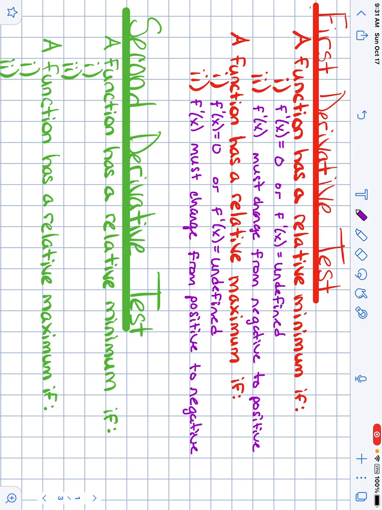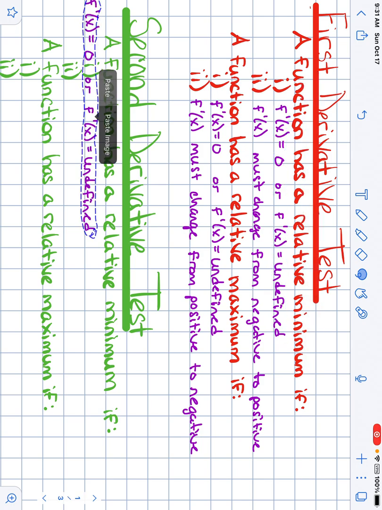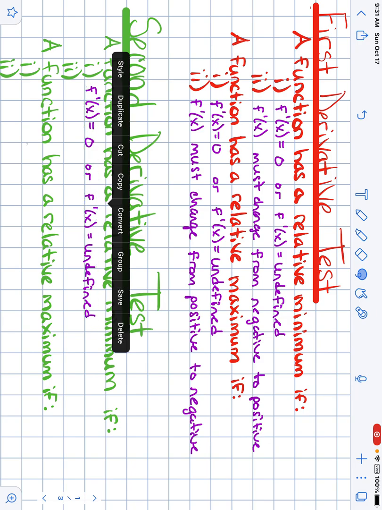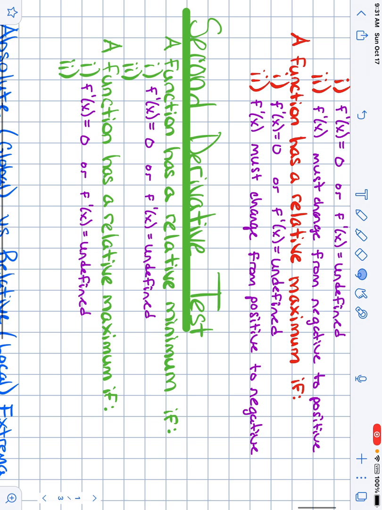Now the second derivative test: a function has a relative minimum if, same criteria as above, and I'm going to stop writing all of this out. We're going to find those critical numbers where the first derivative is either equal to 0 or undefined. The difference with the second derivative test is that at the point where the derivative is undefined or equal to 0, to find a relative minimum, we know that the function must be concave up.